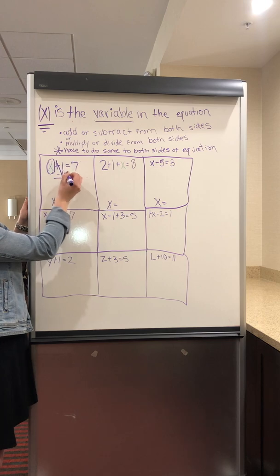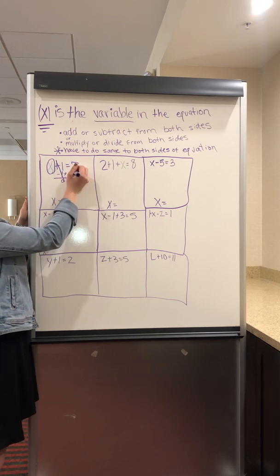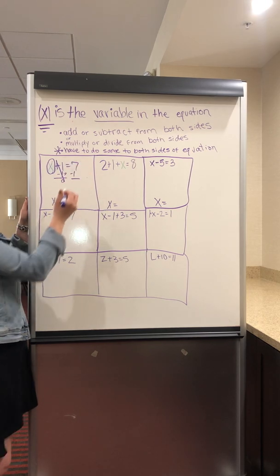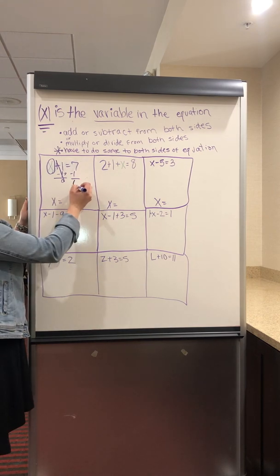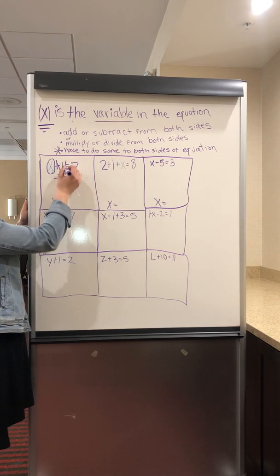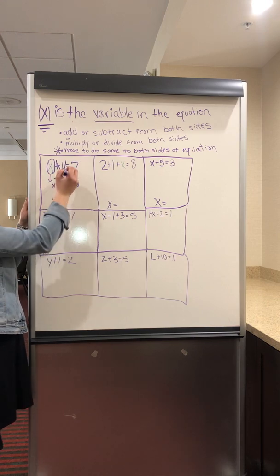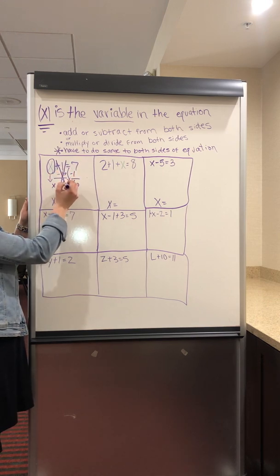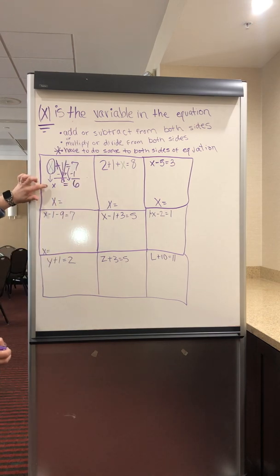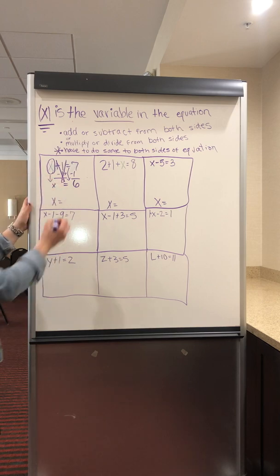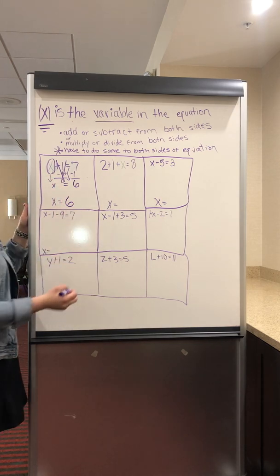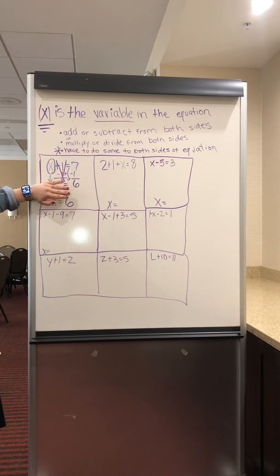We're going to bring it over to the right and go minus 1. 7 minus 1 is 6. So that cancels out completely. We drag our x down, drag our equal sign down, and we can see that x equals 6. Now that box is completed.